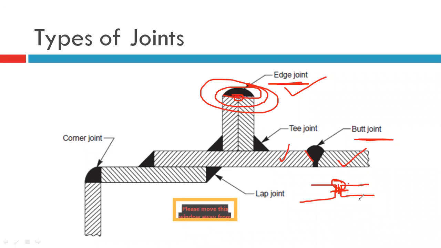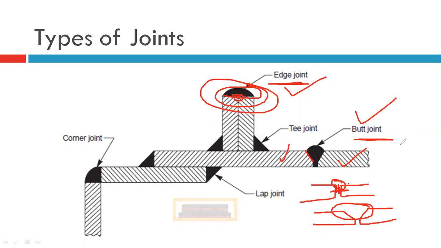So the strength decreases and that joint would be weak. To avoid this, what do we do? This kind of shape takes place, and the material gets filled here itself. So that's why we call it a butt joint.